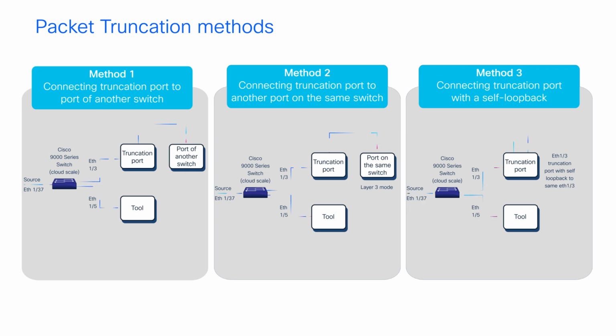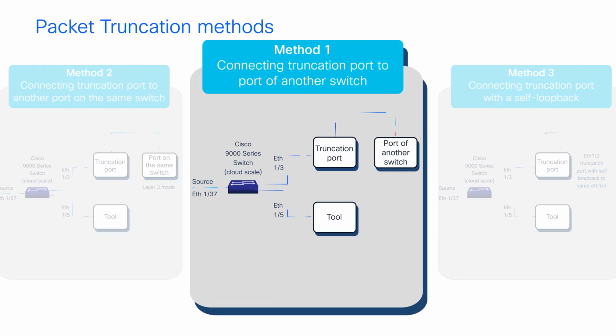Well, these are the three methods we have to enable packet truncation on Cisco NDB switches. Method one is just familiarizing ourselves with the terminology. Here the source port is Ethernet 1/37, and I have a tool which is connected to Ethernet 1/5.